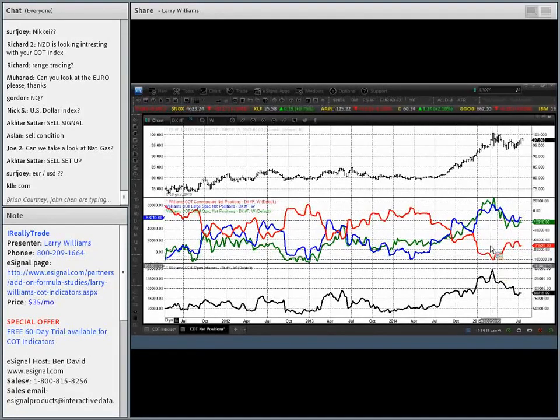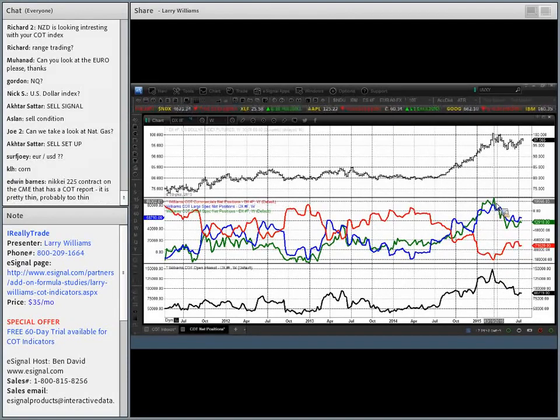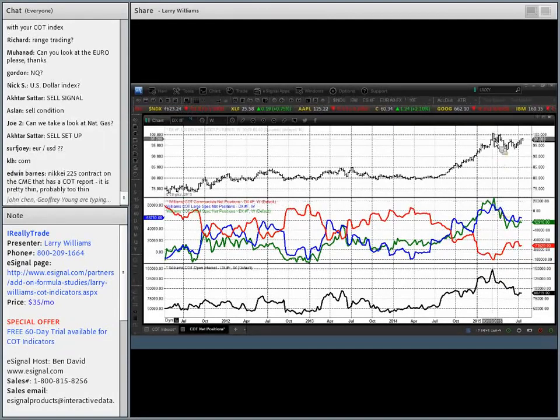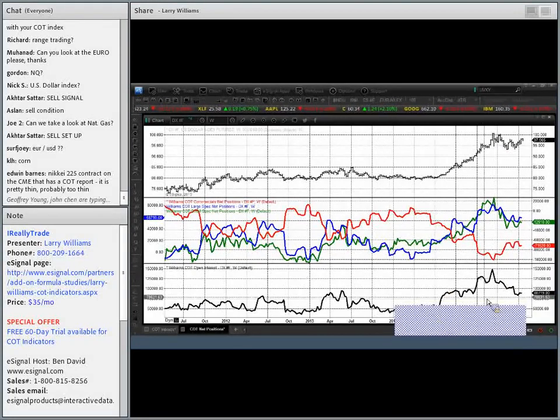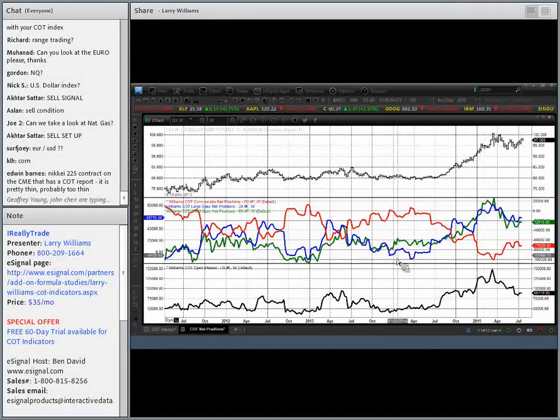And look at the blue line, and the public was wildly bullish on the dollar index right here, market high, and high levels of open interest, which you now know are usually associated with market peaks, and low levels of open interest are usually associated with market bottoms. That's what's important for us to look at.